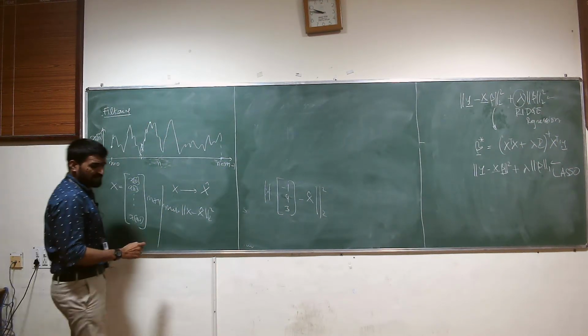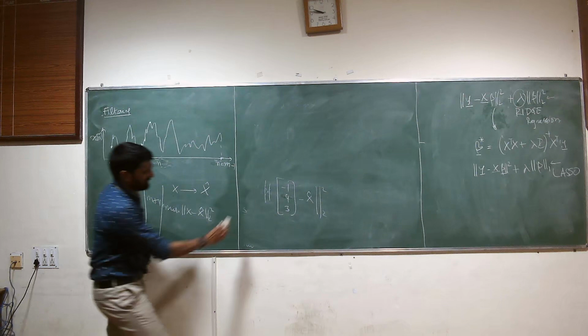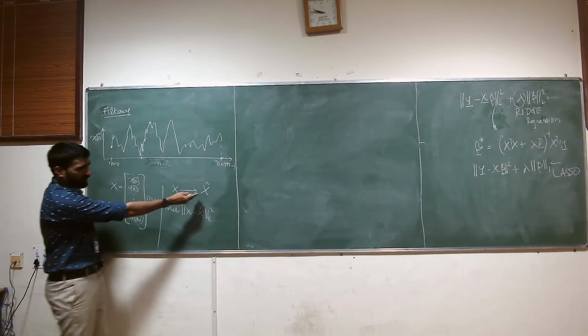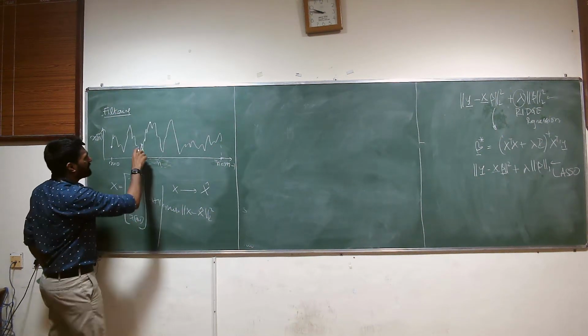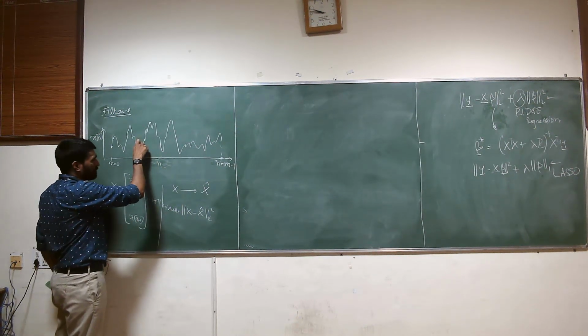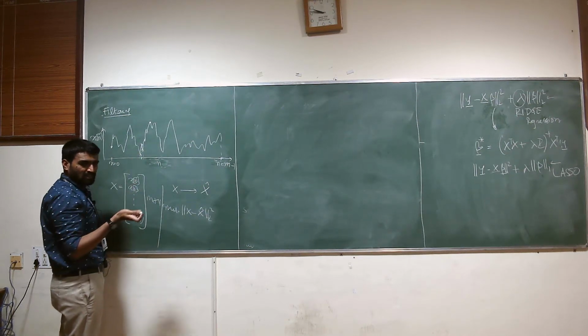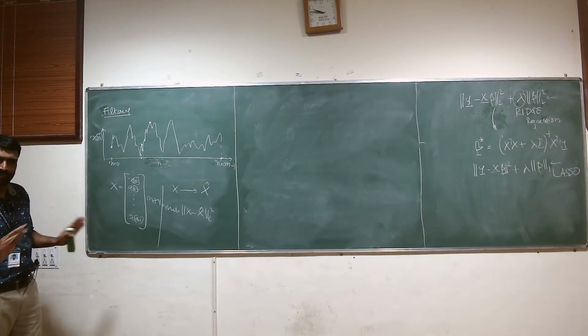So essentially, what I'm saying is that for the true underlying signal, which I'm calling the filtered signal, the difference between the current point and its two neighboring points is not large. Is the intuition clear?